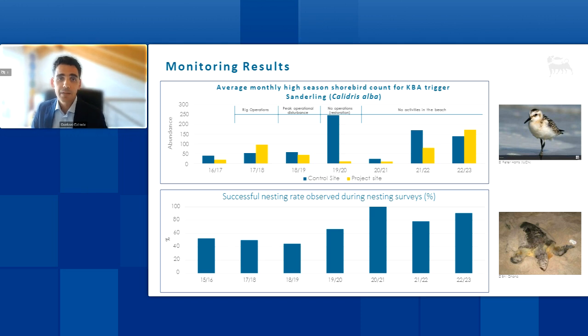At the top, the average monthly high-season shorebird count for KBA trigger sanderling. In general, the results mostly reflect natural interannual variation and no evidence of significant effects on the shoreline populations close to the project site compared to those in the control site during the peak of operational disturbance.